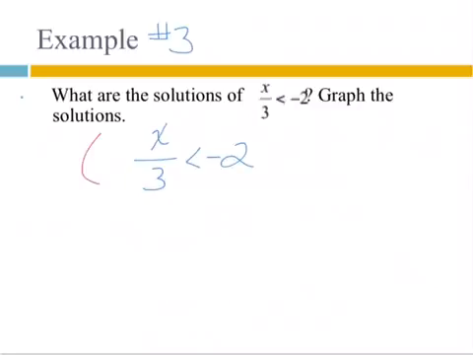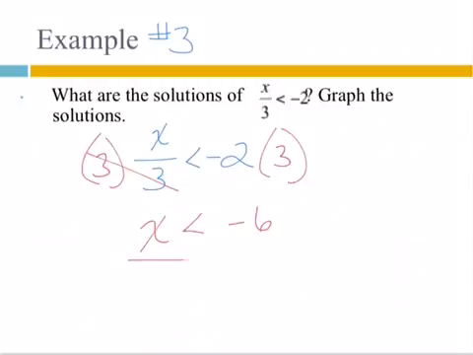So to undo that, we're going to multiply by 3. And what I do to one side, I must do to the other. On the left, we have x. On the right, we have a negative 6. That's negative 2 times 3. And the inequality comes straight down. So my solution set is where x is less than negative 6.